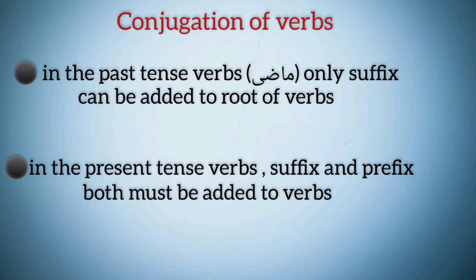The next point is, in the past tense verbs, فعل ماضي, only suffix can be added to the root of verbs. We cannot add any prefix to the ماضي. We have to just add the suffix to the past tense verbs in Arabic. But in the present tense verbs, مضارع, suffix and prefix both must be added to the verbs. But in ماضي, just suffix.